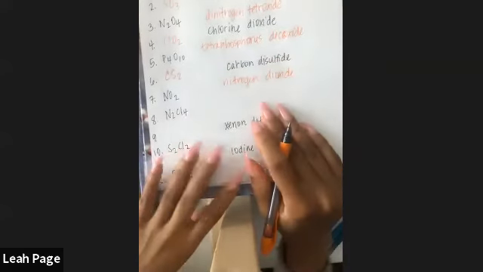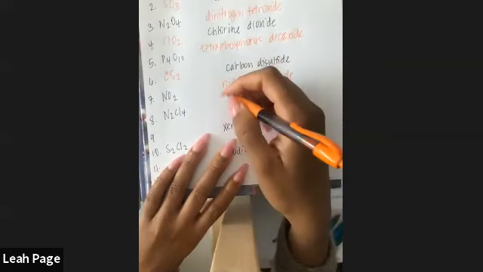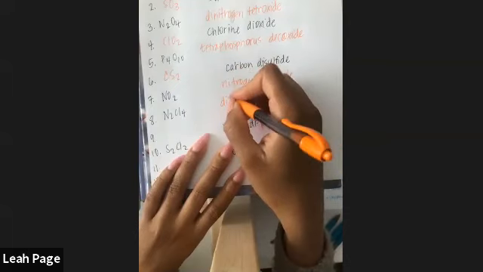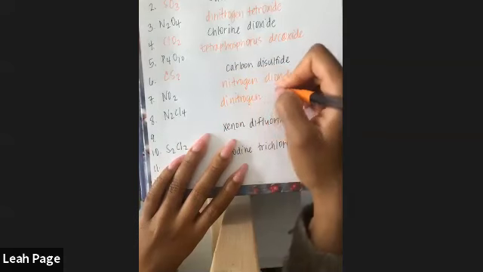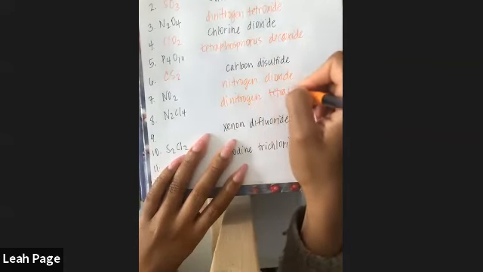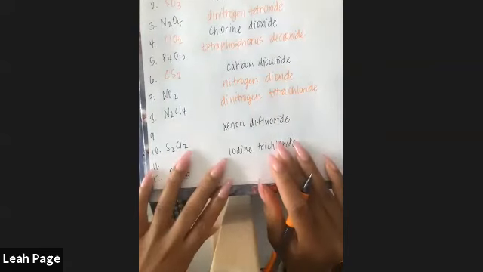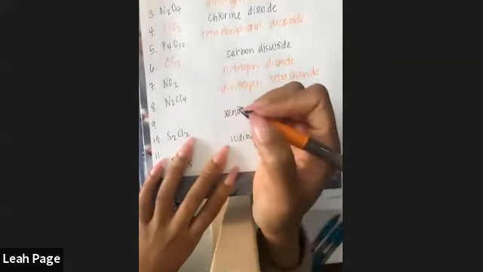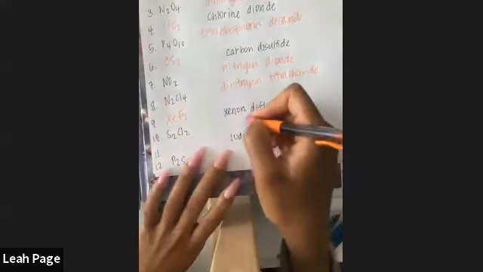The only problem is you get them mixed up. You have to recognize that you have a molecular compound versus an ionic compound. Dinitrogen, what's this? Tetrachloride. And then what about number 9? What's the formula? XeF2. All right, great.